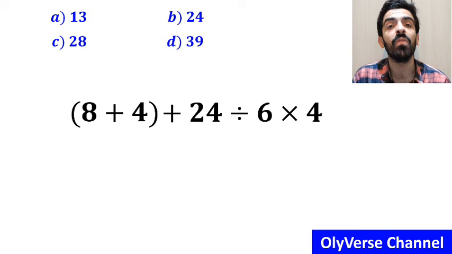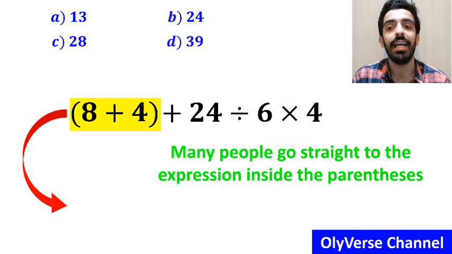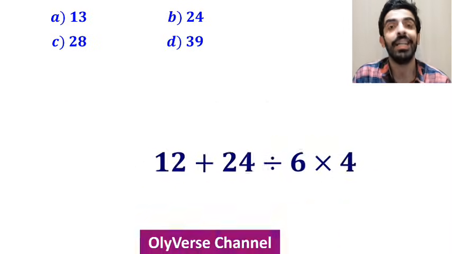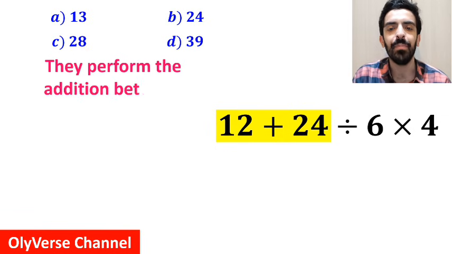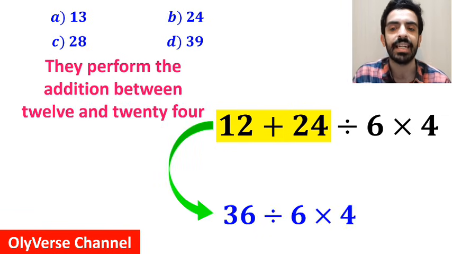In the first step of solving this question, many people go straight to the expression inside the parentheses and simplify the whole expression to 12 plus 24 divided by 6 multiplied by 4. In the next step, they perform the addition between 12 and 24 and simplify this expression to 36 divided by 6 multiplied by 4.